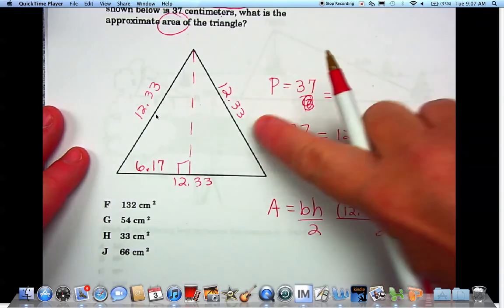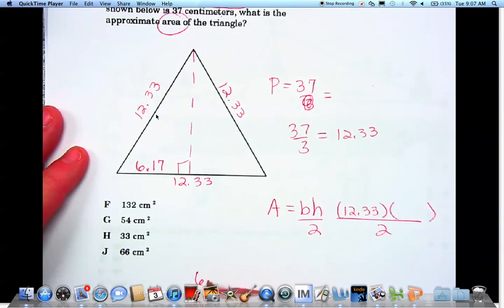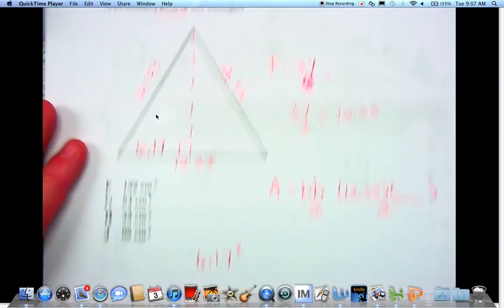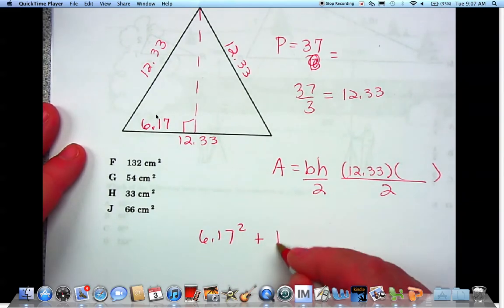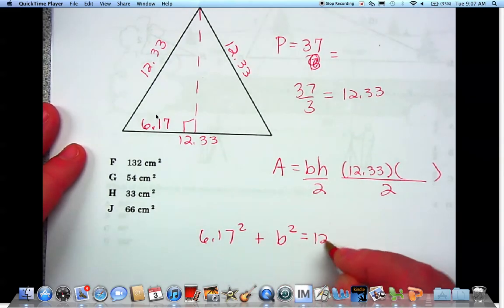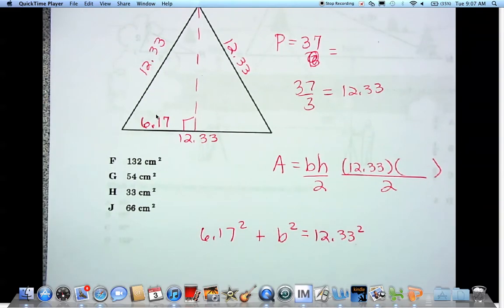So how would we find the height? Pythagorean theorem. And how would you do it? You do 12.33 squared minus 6.17 squared. I'm going to do 6.17 squared plus b squared equals 12.33 squared, which is what you said too. C is which part of the triangle? The hypotenuse, the longest side always.